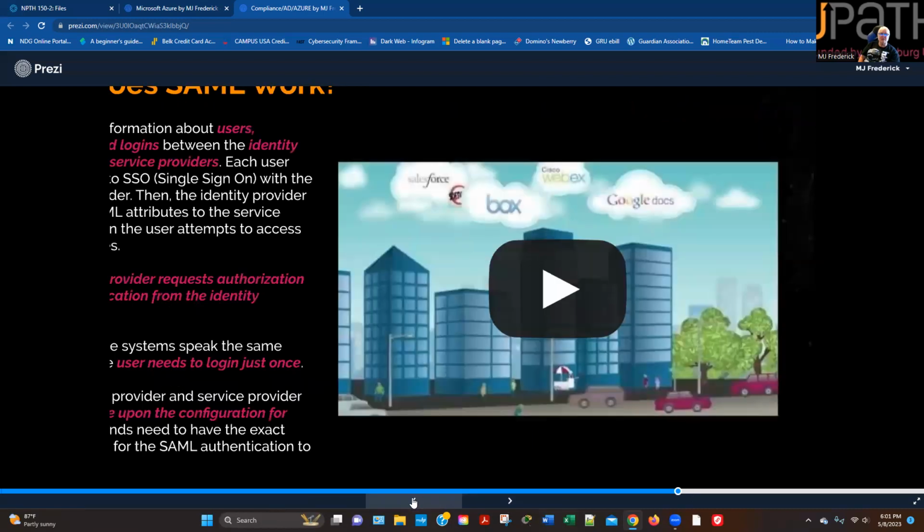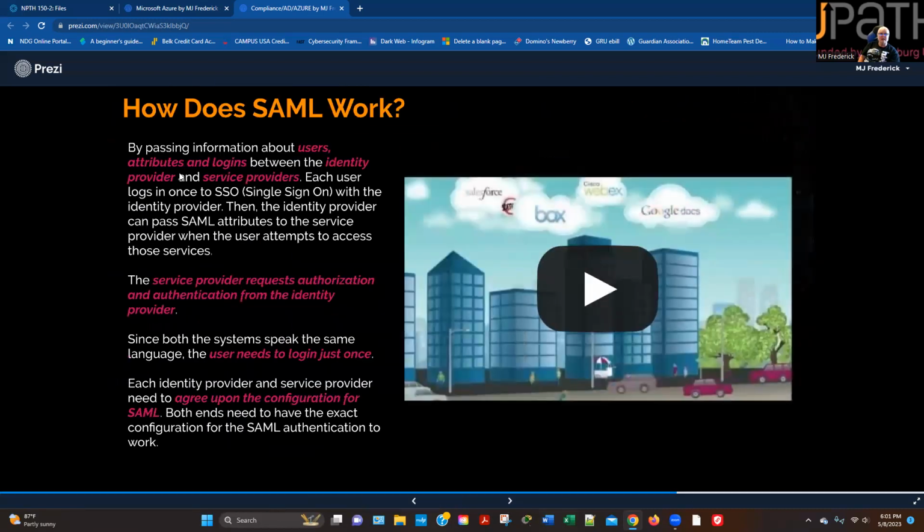Now, going back to how does it work, and I have a video on that. It's passing information about the user, the attributes and logins of that user, between the identity provider and the service provider. Each user logs in once, right? The service provider requests authorization and authentication from the identity provider.